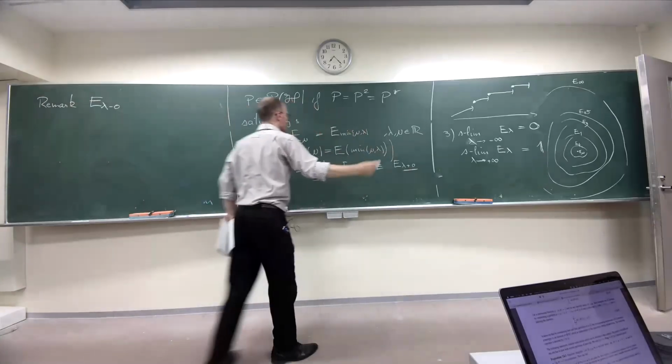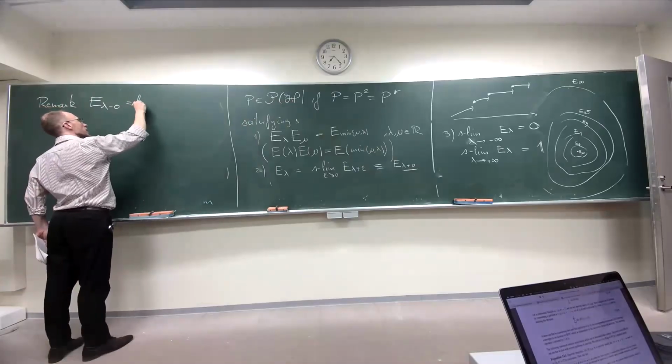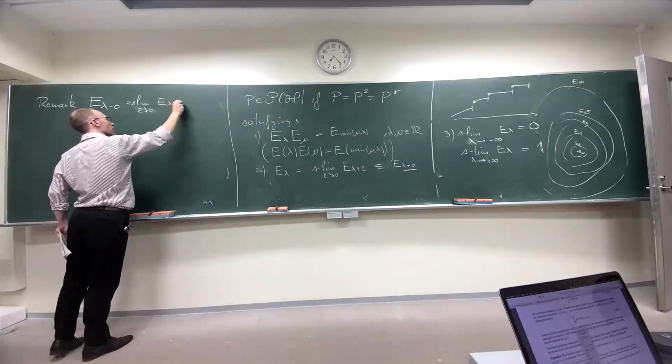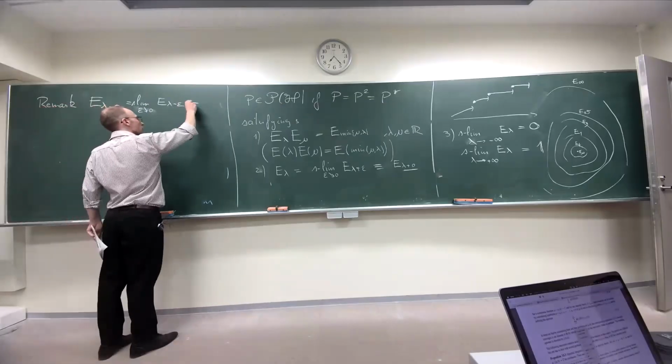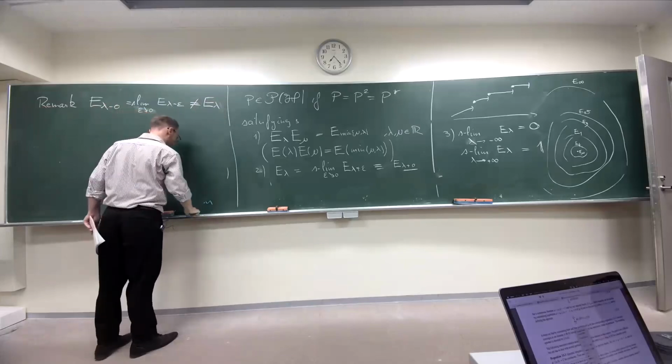It means the limit from the left: the strong limit as epsilon goes to 0 of E of lambda minus epsilon. In general, I'm not claiming that it is different from E lambda.